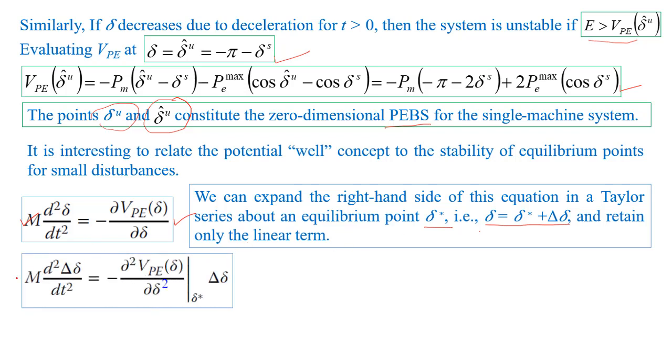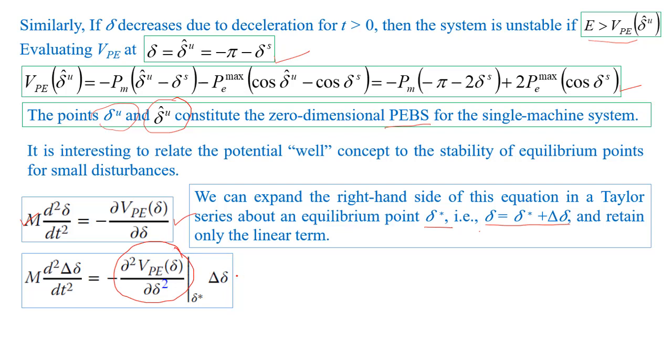So let us have the Taylor series expansion. I can write M d square delta delta by dt square equal to minus the second derivative of VPE with respect to delta, evaluated at delta star, multiplied with the delta delta term.